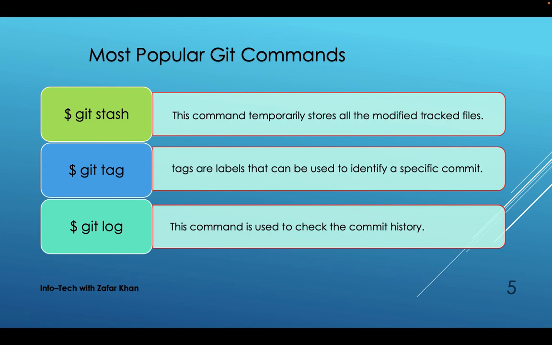You have completed half of the code, and all of a sudden your manager comes and asks you to stop this and do the priority work. He knows what the priority work is: the client has suddenly asked for this, and it is impacting the customer, so do this one.